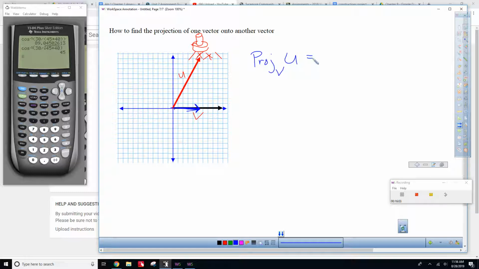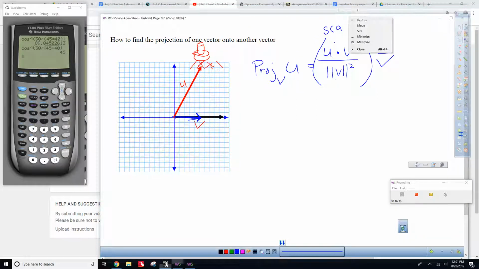And you find it by doing U dot V over the magnitude of V squared. Now, this is basically saying how much of U is going in the direction of V, and then it's normalizing it by dividing it by the size of V. You're going to take that and multiply it by the vector V. So this thing is a scalar.